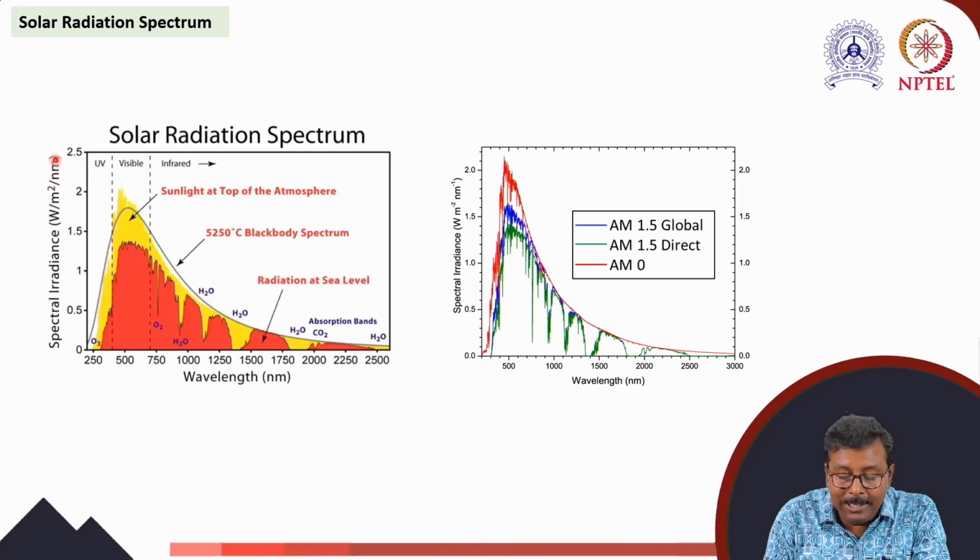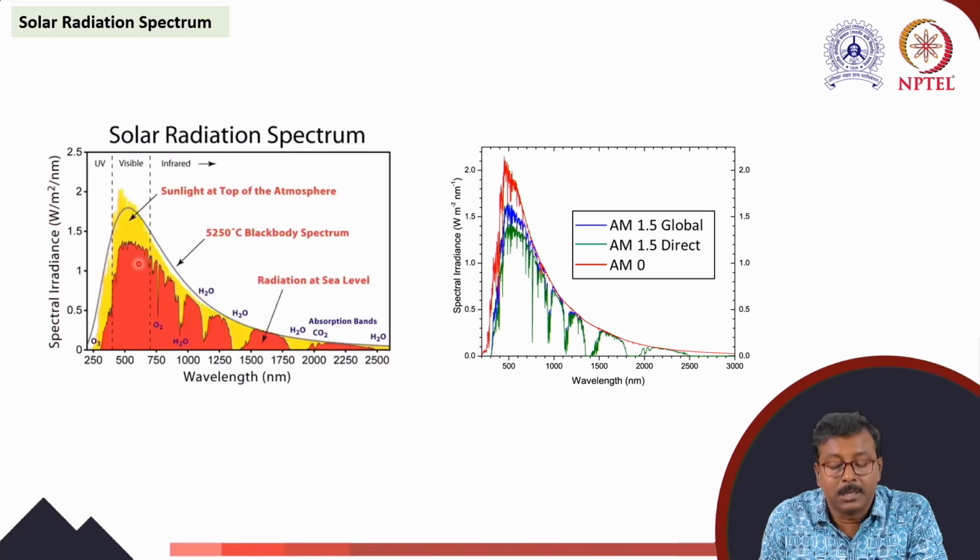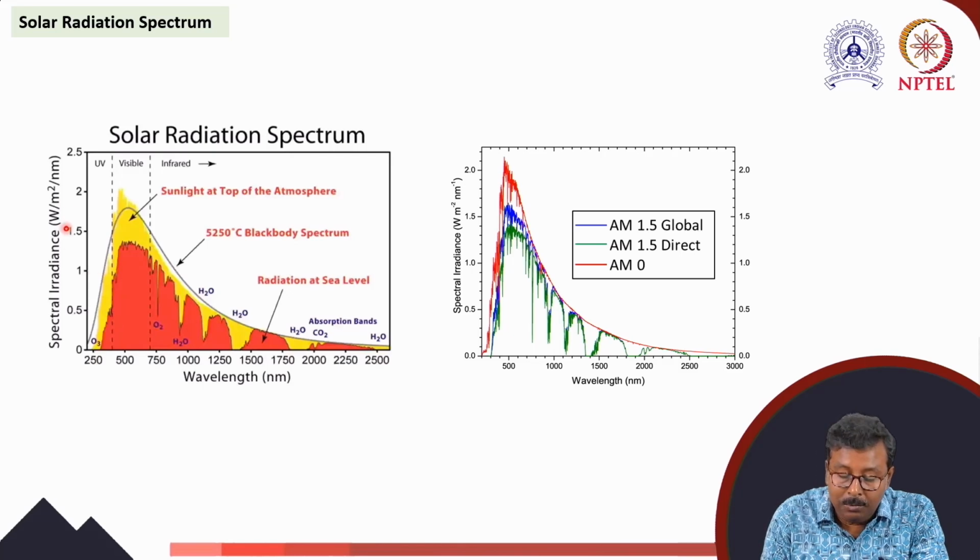This nanometer indicates the wavelength, that is, per area at a particular wavelength, per small gap of wavelength in nanometer, this amount of wattage is coming. So this is the meaning of irradiance. Be careful about the unit. Whenever we use this to calculate the solar cell parameters in the simulation, this unit should be taken care of very carefully. The watt per meter square per nanometer, and this is the wavelength axis.